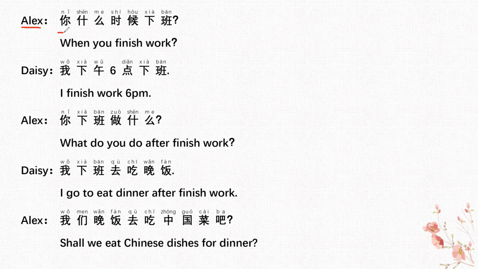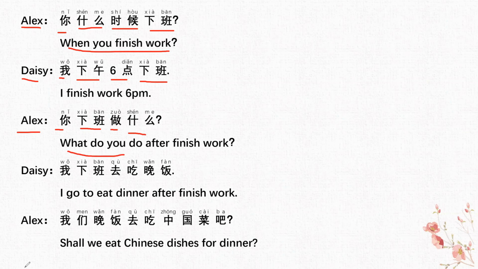Alex, 你什么时候下班? When do you finish work? Daisy, 我下午6点下班. I finish work at 6 p.m. Alex, 你下班做什么?